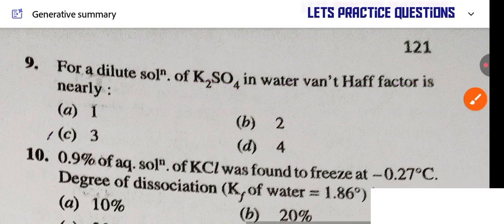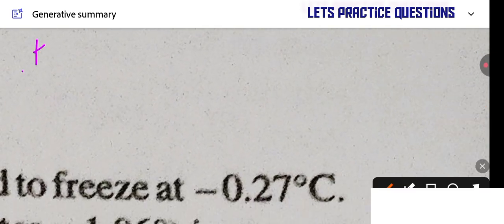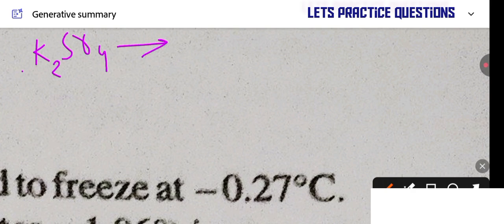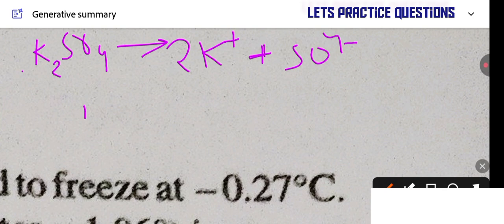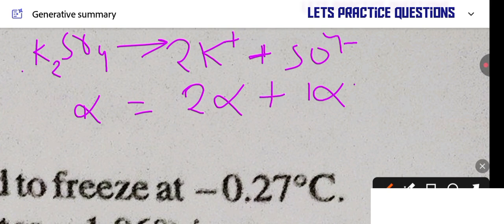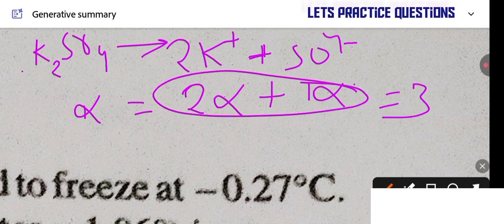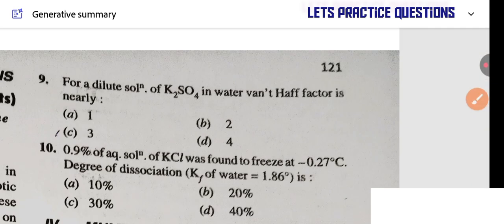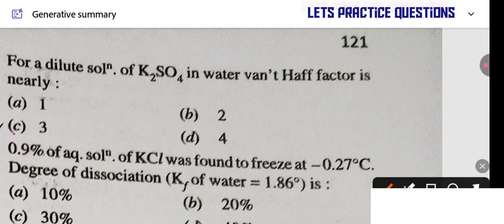When K2SO4 dissociates, it will give 2K+ plus SO4 2-. Here we get 2 K plus ions and 1 sulfate ion. We get 3 particles of K plus and sulfate ion. Here the answer will be 3. Option 3.